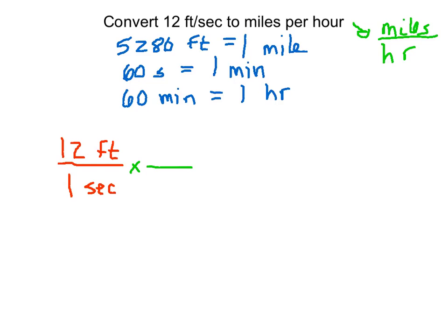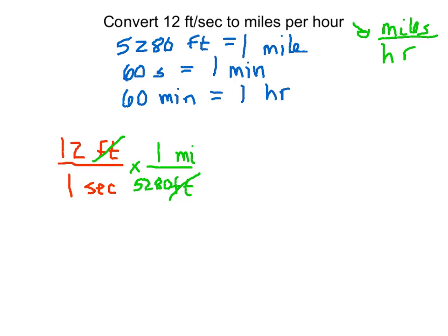Since this is in the numerator here, I'm going to need feet down here, and I want to convert that to miles. And I know the conversion factor. This is 5,280, as we saw in the last example. Up above, we have 1 mile. If I were to stop right now, what would happen? Well, the feet would cancel. If I were to stop right now and multiply across and multiply down below, the units I would be left with would be miles per second.